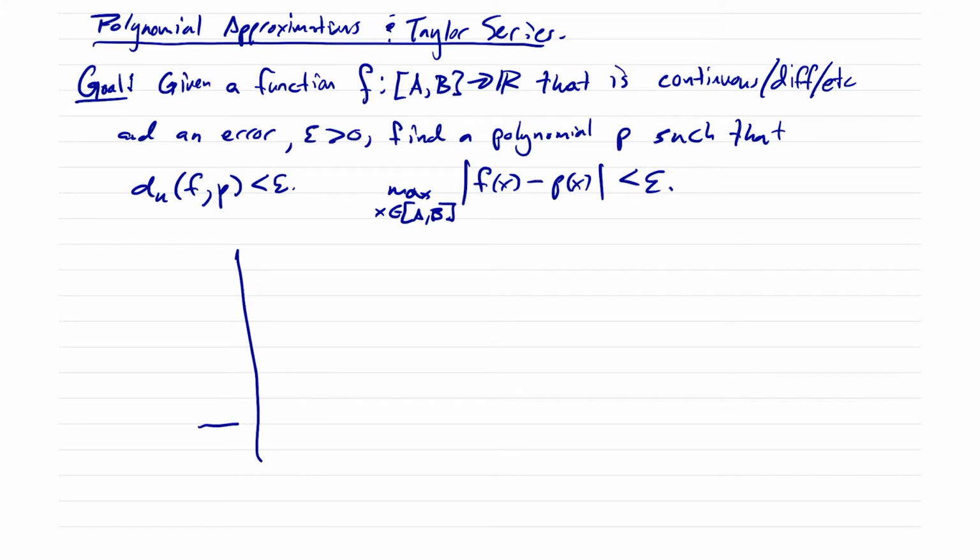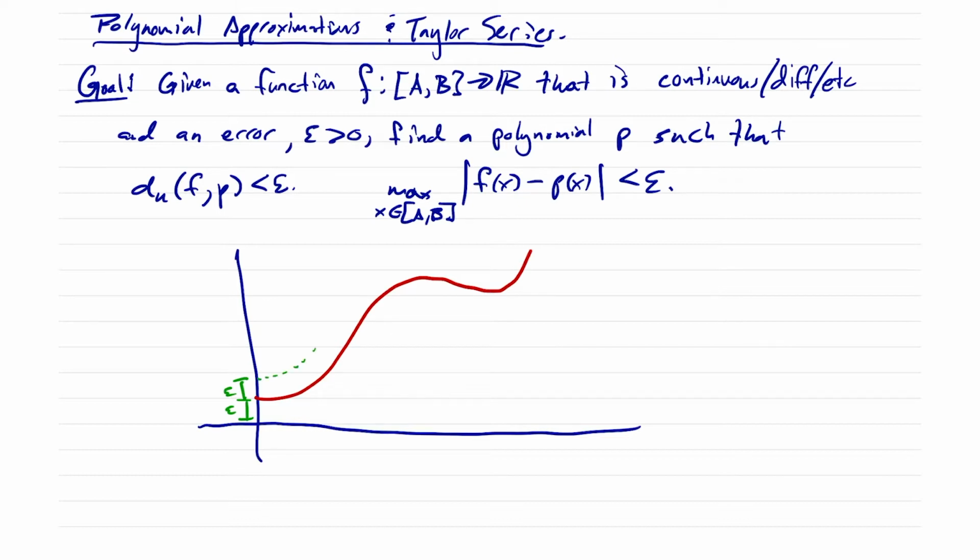So more generally, we have some sort of function f, in red, and we have some sort of epsilon.